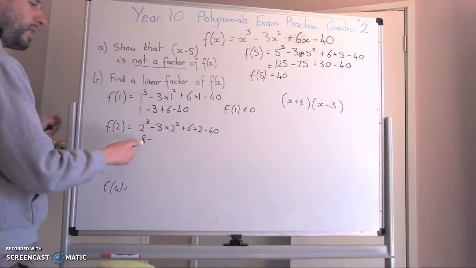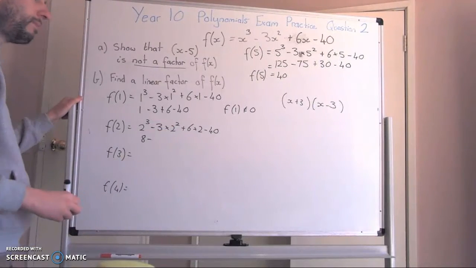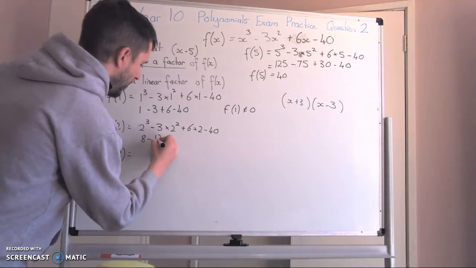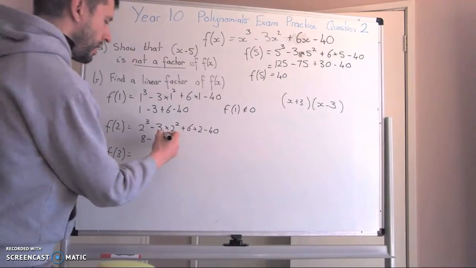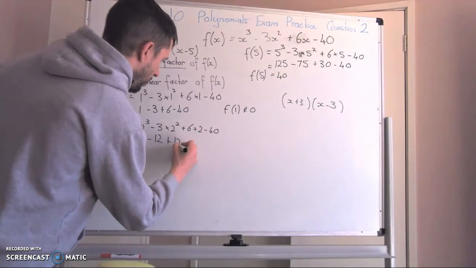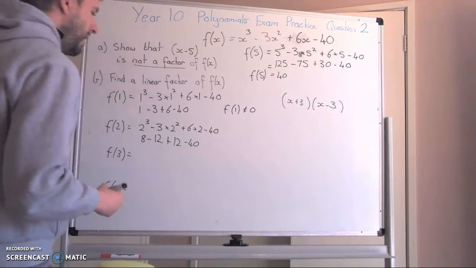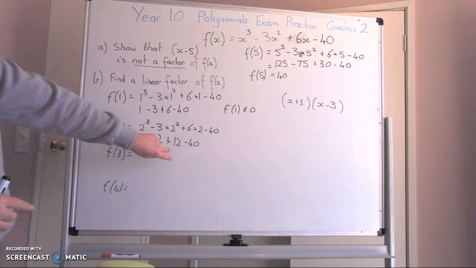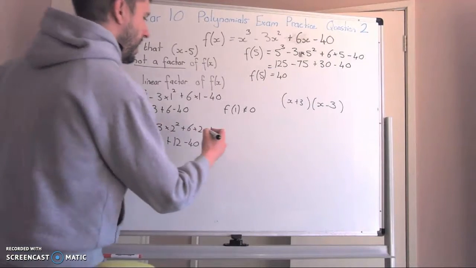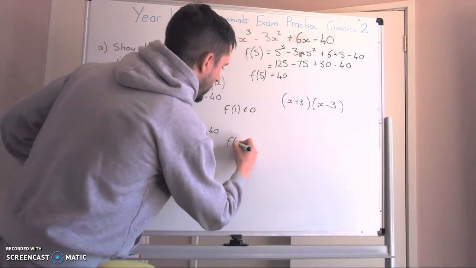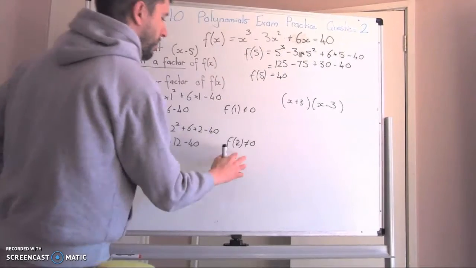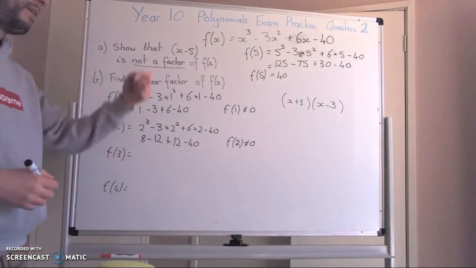So then I'm left with 8, and I've got 2 squared is 4. 4 times 3 is 12, so I'm taking away 12. And then I've got plus 2 times 6 is 12, minus 40. Again, these two will cancel out, and it just leaves me with 8 take away 40. Again, it does not equal 0. So it means that is not a factor.